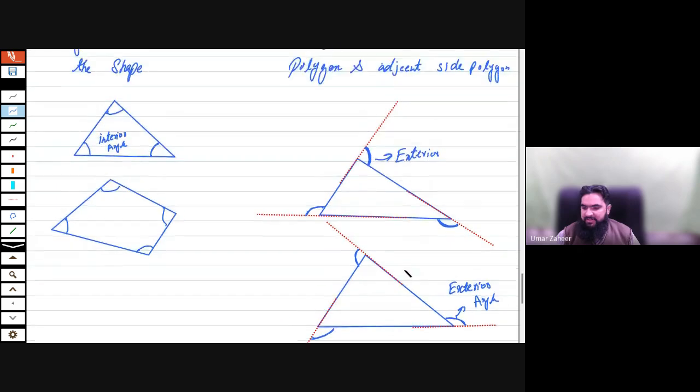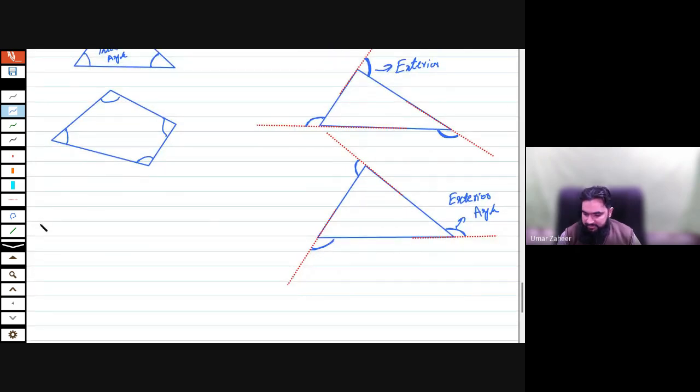If you have to find the interior angle, the sum of the interior angles is equal to (n minus 2) into 180 degrees, where n is the number of sides.